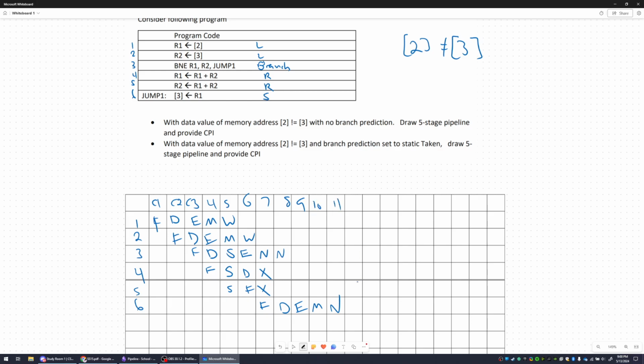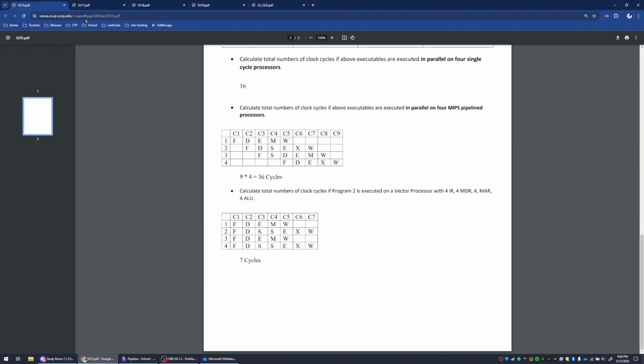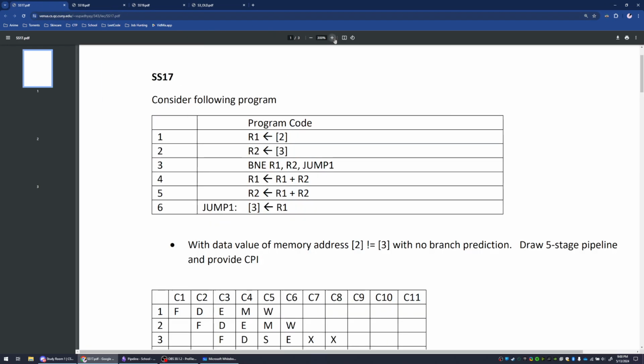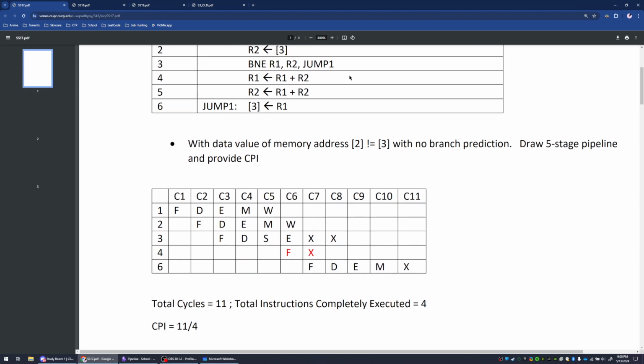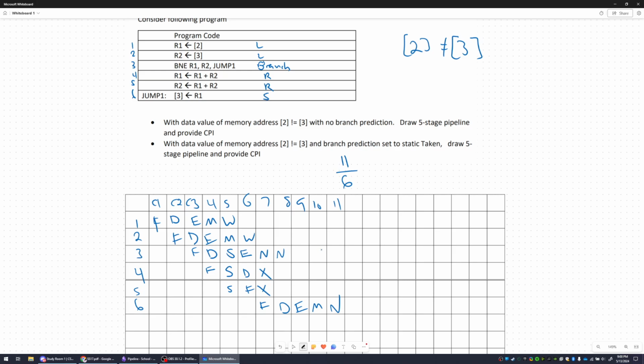CPI for this is 11 cycles over 6 instructions, right? Let's see, is that right? Total instruction. Oh, completely executed?